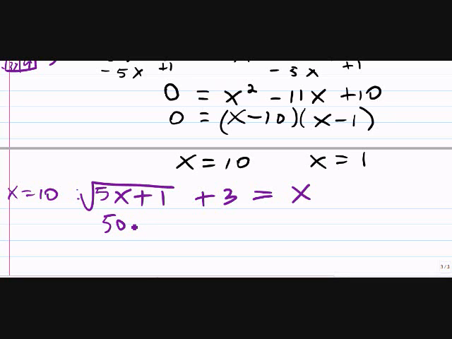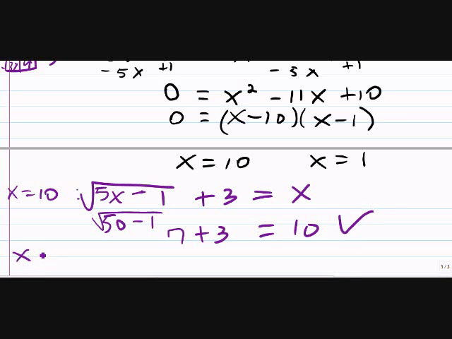Oops, my bad, 5x minus 1 was our original equation. So 50 minus 1 is 49. Square root of 49 is 7. 7 plus 3, is that equal to 10? Yeah, that answer is good.